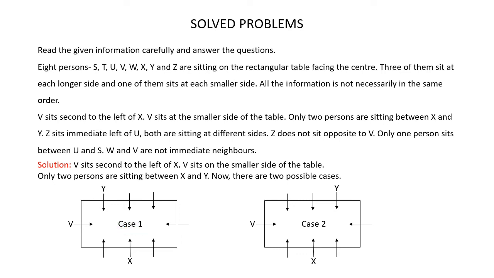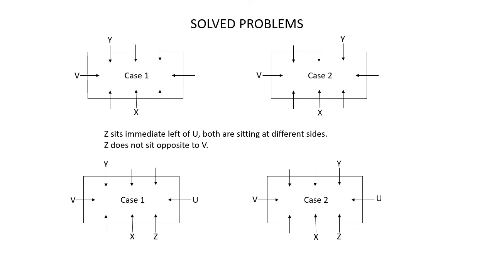If these two persons sit to the right of X, then this will be the position for Y. This is case 2. So as of now, the seating positions in case 1 and case 2 look like this. This is case 1 and this is case 2.